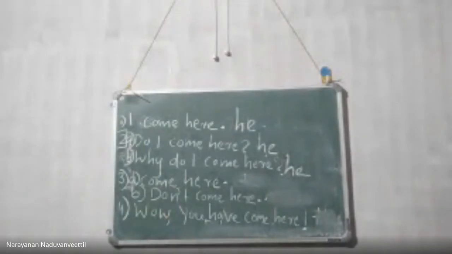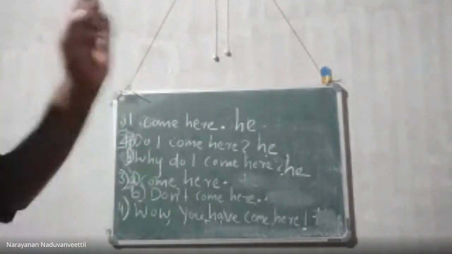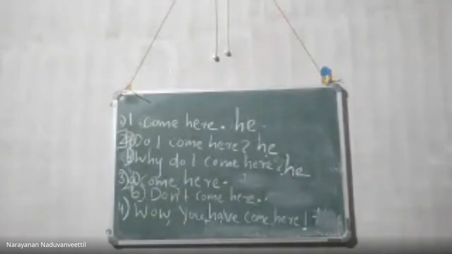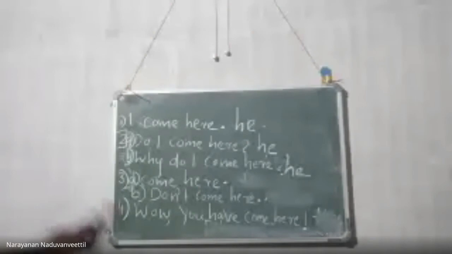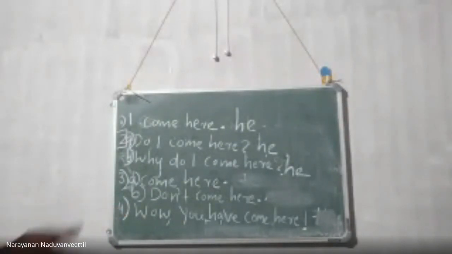Come to the next one. "Come here." Here the task is very simple. Rohan ordered Rahul to... Here you don't have to change anything. It's an easy task. You don't have to change at all because there is no subject in this sentence.